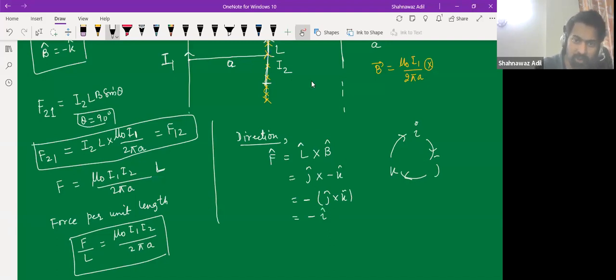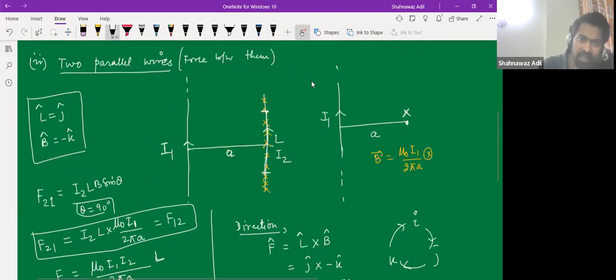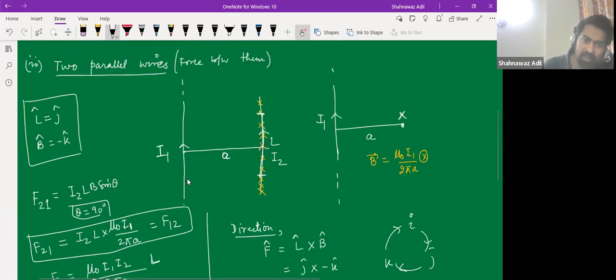Now you see that this I1 current is applying a force in this direction, right? So what kind of force is that, repulsive or attractive? Attractive.